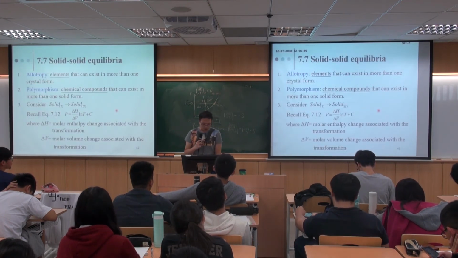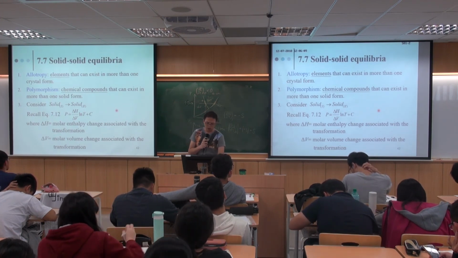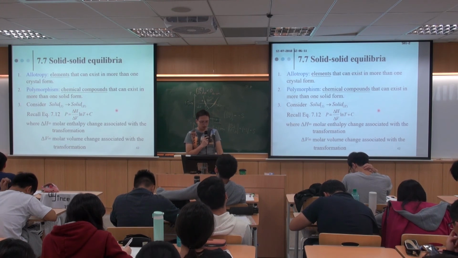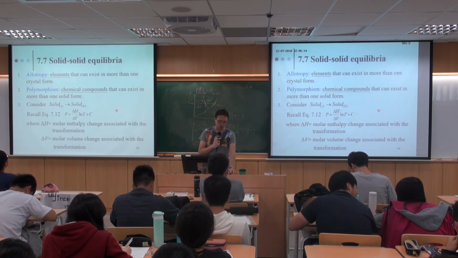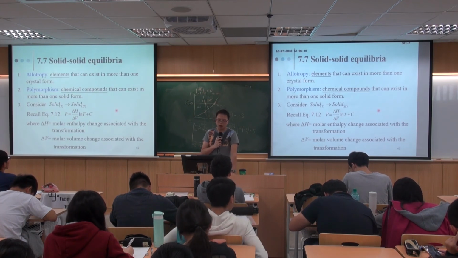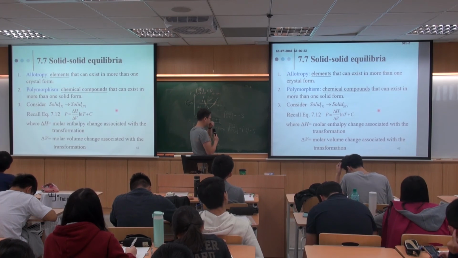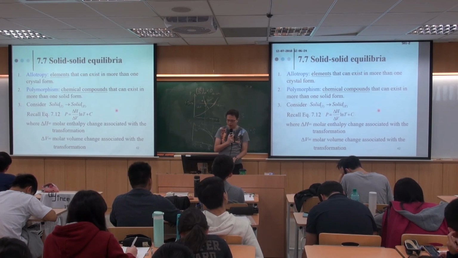But for people dealing with metals, or eventually if you want to study metallurgy, of course, you will be dealing with solid-solid equilibrium. And there are several different kinds of metallic phases.